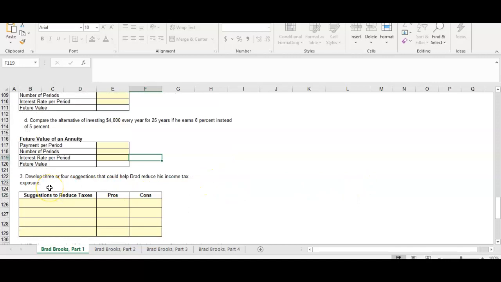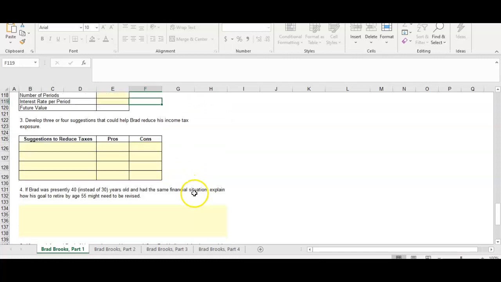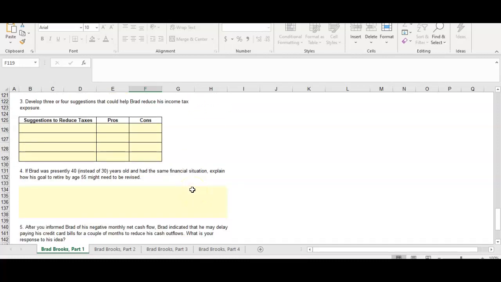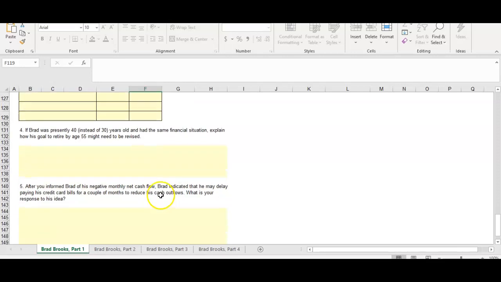They want you to develop 3 or 4 suggestions to help him reduce his income tax exposure. And so this gives some recommendations based upon your study of these different chapters. They're saying if Brad was presently 40 instead of 30 and is going to retire by 55, would you give him the same information, yes or no?